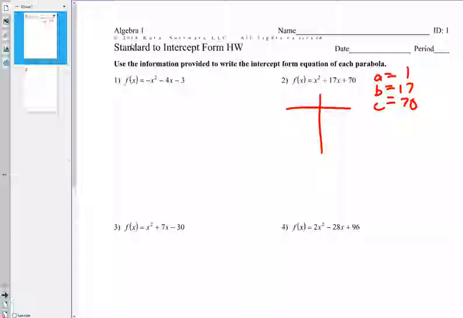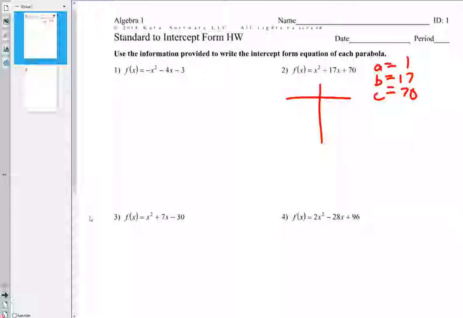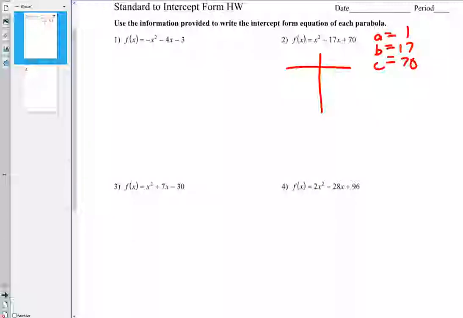If A is 1 and C is 70, what is A times C? 1 times 70 is 70. On the top of the second column just goes B. So the first column is A times C. The second column is just B. What's B? 17.